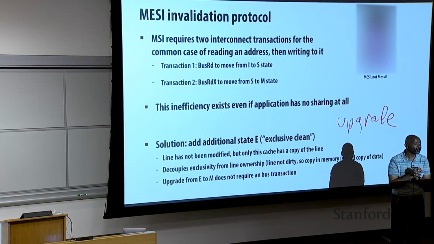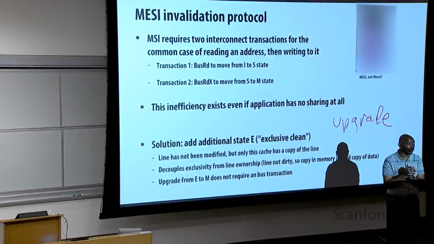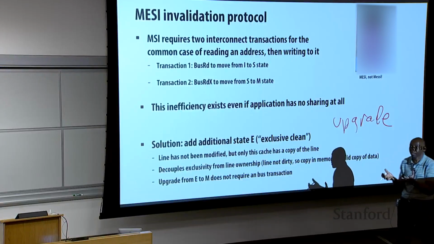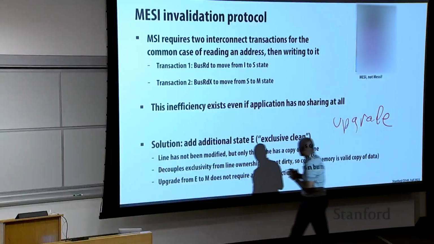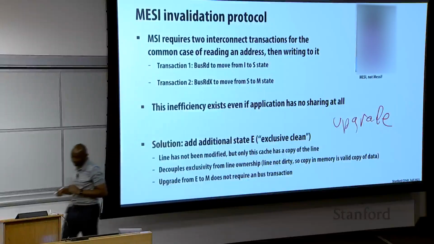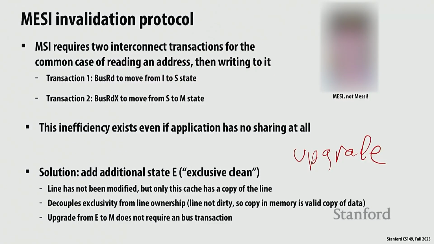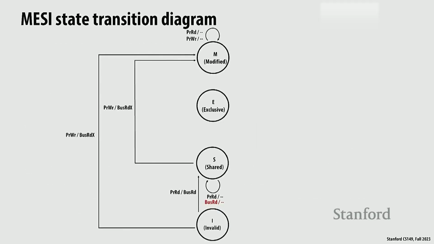Well, it's just that the line is not dirty, but only that processor has it. Right, so it's clean, exclusive. It's clean, but only one cache has it. All right, and so the idea then is when you read a cache line that is not shared by any other processor, instead of bringing it into the cache in shared state, you bring it in exclusive state because no other cache has it, right?